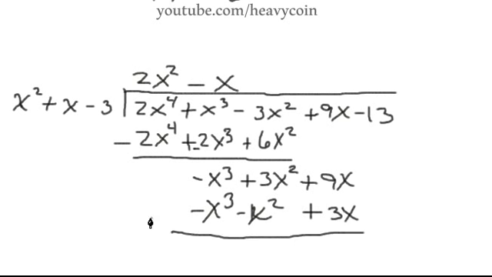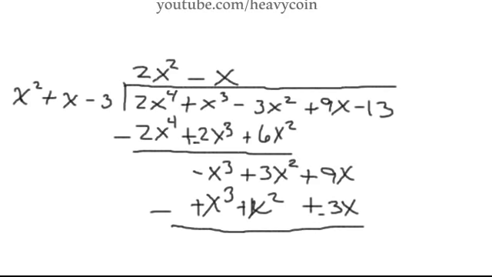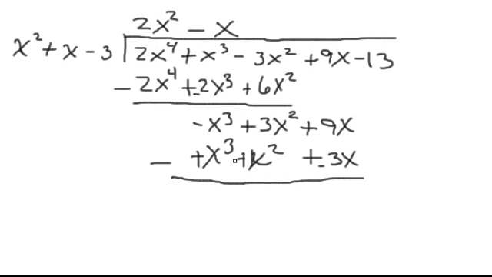Alright, and then we go minus, distribute across, so that's a plus, and that becomes a minus now. And so we end up with 0. 3x squared plus x squared is 4x squared. And 9x minus 3x is going to be plus 6x. And then bringing down 13.